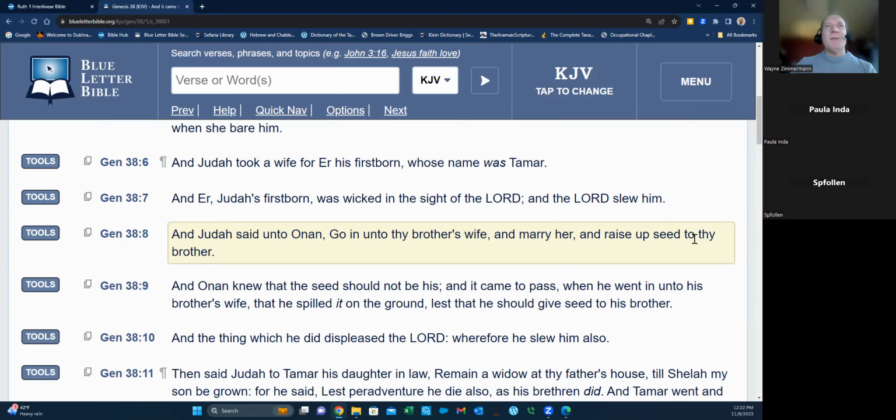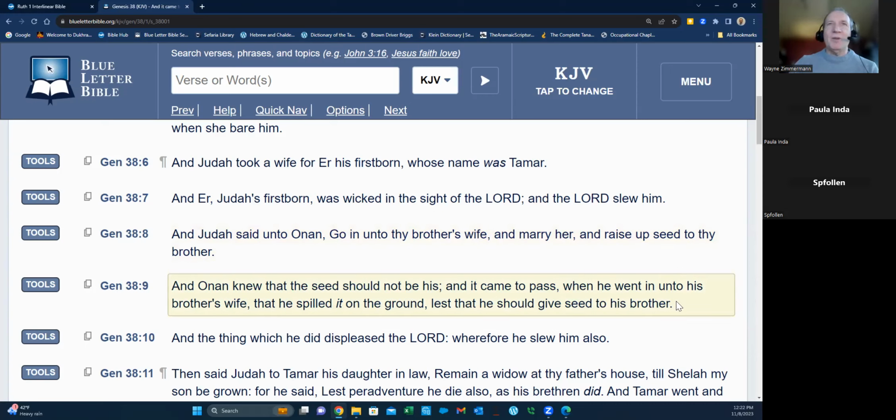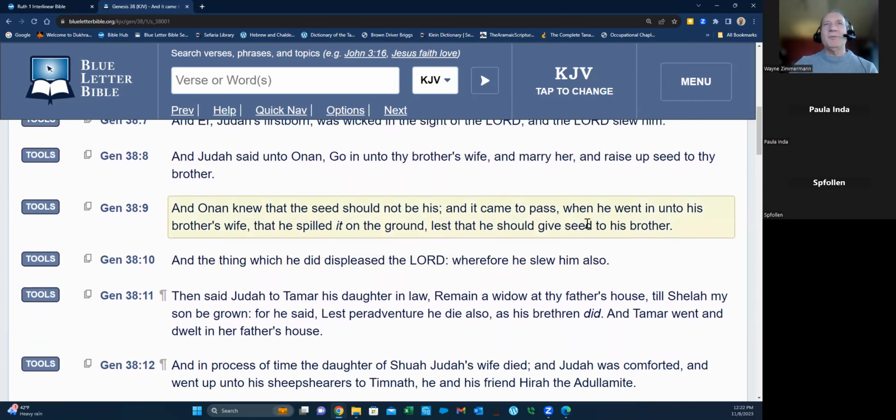And so what happened here is Onan was not a very good guy either. He had this attitude that he didn't want to preserve his brother's seed. And so when he was trying to fulfill this levirate marriage and impregnate her, he spilled his seed on the ground. Again, I don't have to spell it out any clearer than that. And this displeased the Lord.